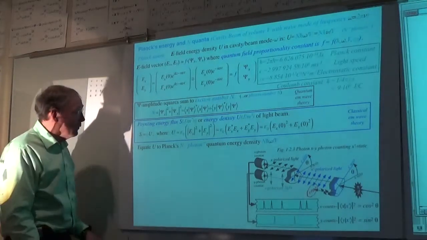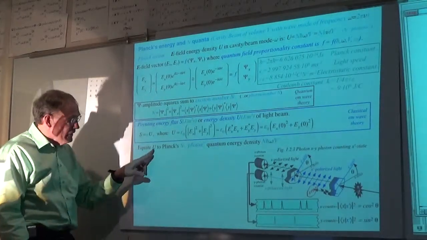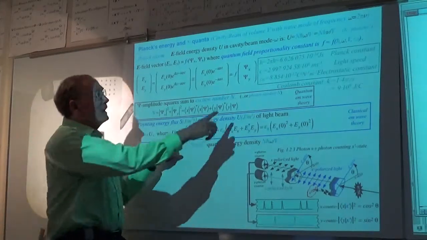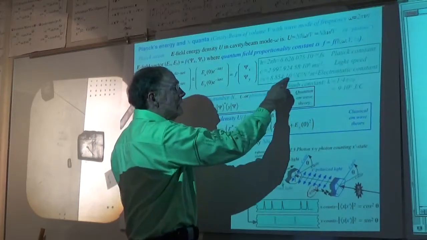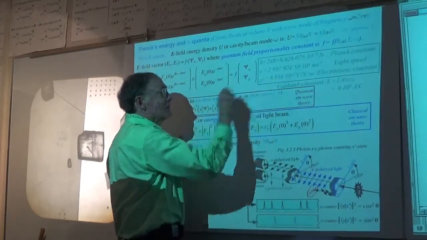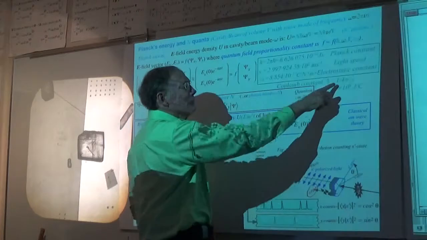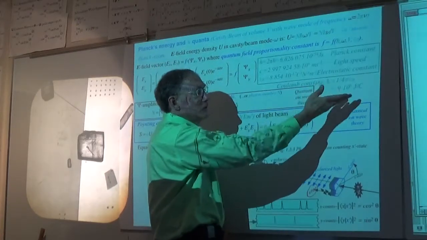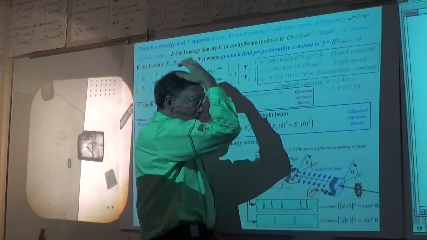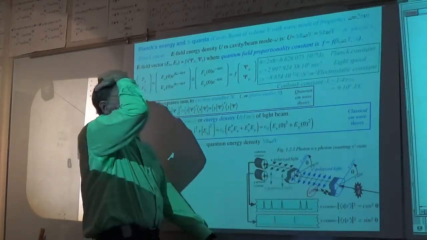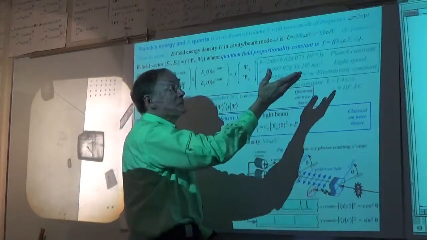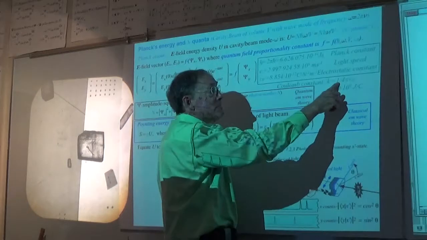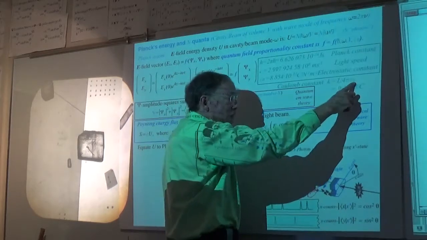Okay, so what we're going to do is equate the classical value with this constant epsilon 0. Now, I don't remember that constant very well at all. I remember this one: the Coulomb constant, which goes in front of the charge times charge prime over r squared for force, or over r for energy, is 1 over 4 pi epsilon 0.